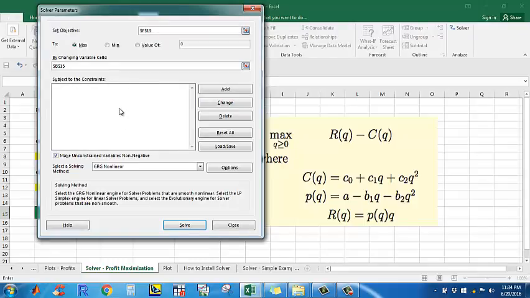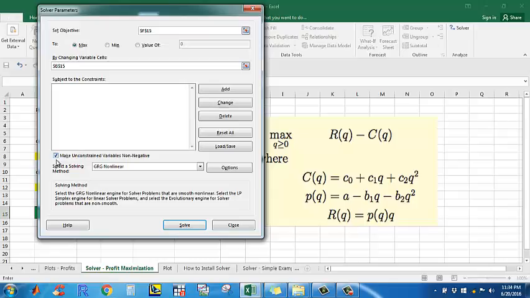Now, do we need to choose some constraints here? Well, we do know that Q must be greater than or equal to 0. For choosing the constraint as Q greater than or equal to 0, the default option here is make unconstrained variables non-negative. This essentially means, in this example, Q is greater than or equal to 0.